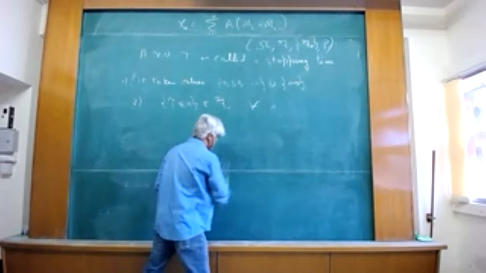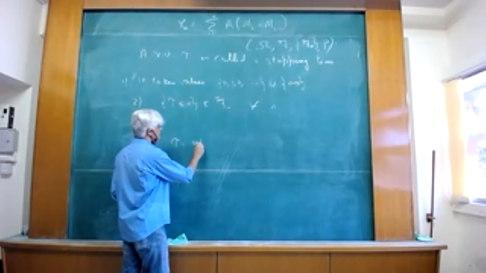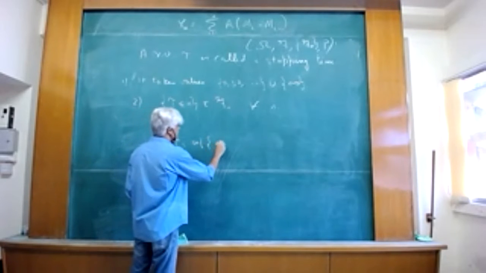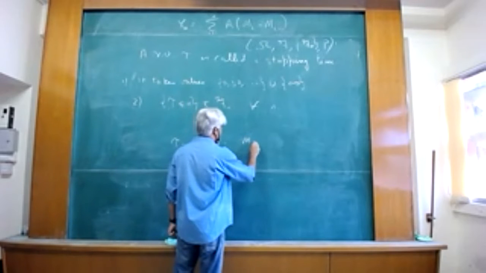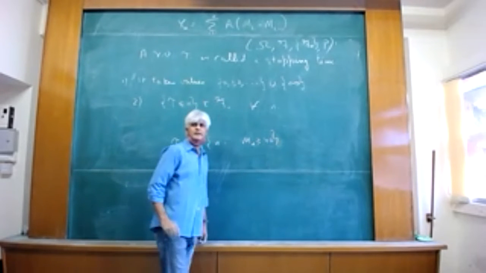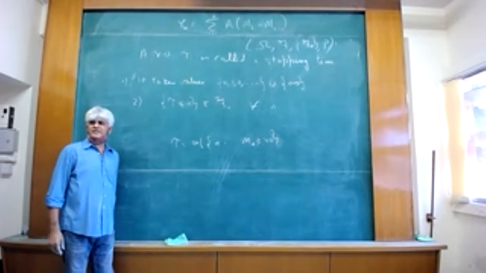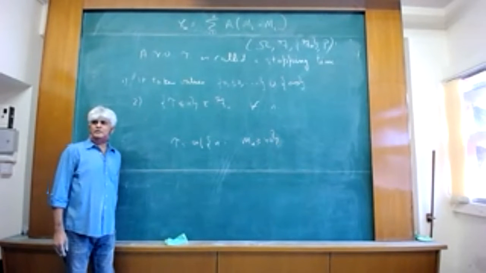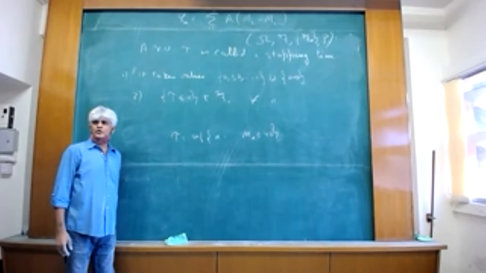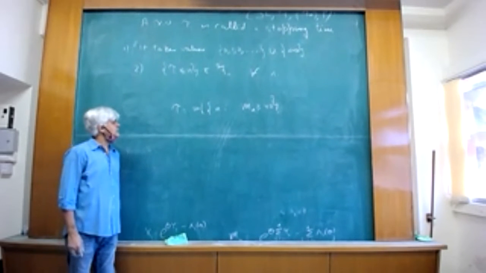Okay, so one stopping time can be: tau is the first time, infimum of n, that does that, and then is given equal to, let's say, some number. So tau less than or equal to 25: I'll observe M1, M2, up to M25, and I know whether it's in 25 or not.